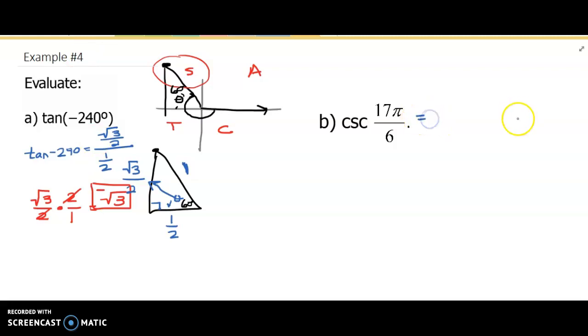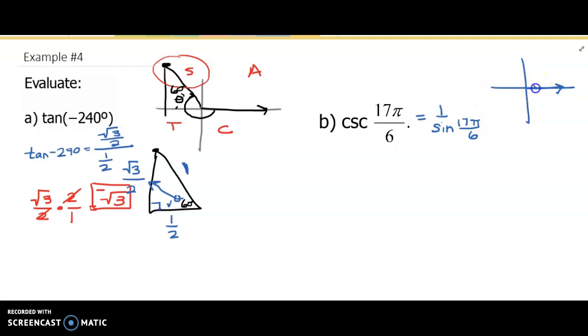B is, remember, cosecant is 1 over sine, so this is 1 over sine of 17 pi over 6. If I draw this out, think of this as just short of 18 pi over 6, which would be 3 pi.